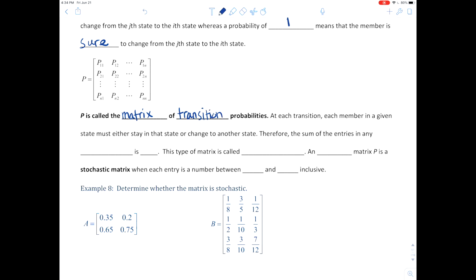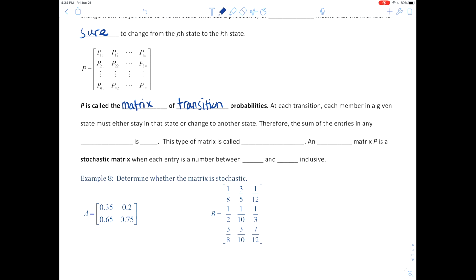At each transition, each member in a given state must either stay in that state or change to another state. Therefore, the sum of the entries in any column has to be what? Good, 1. All right? This type of matrix is called stochastic.